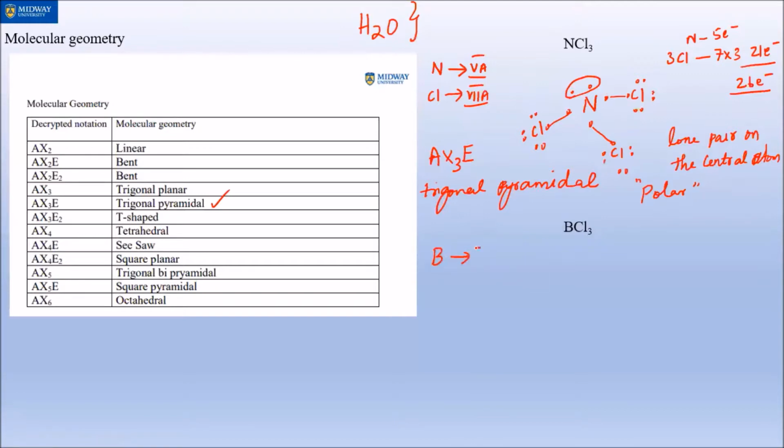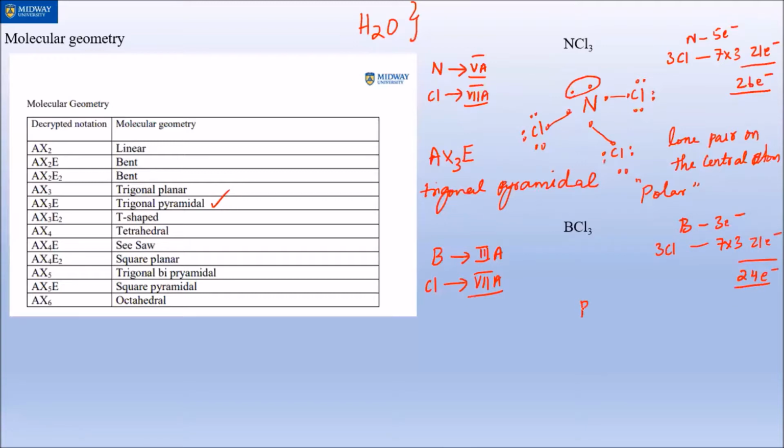Boron is 3A, and chlorine is 7A. So boron has 3 electrons. Chlorine is 7, and we have 3, so 7 times 3 is 21, and the total is 24 electrons.